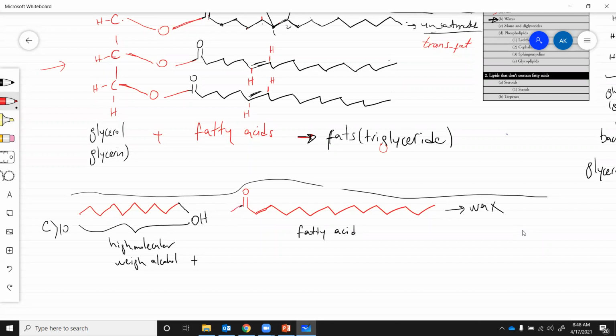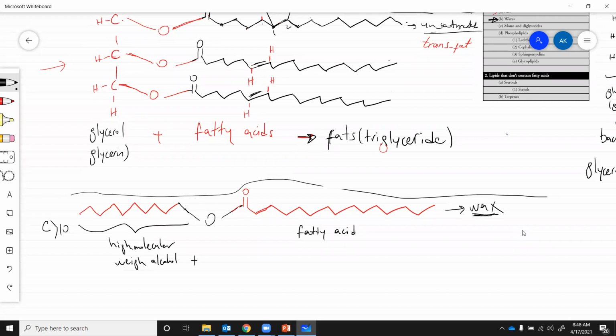You're just going to bring one fatty acid because you have only one alcohol here. What do you think you're going to get? If you mix alcohol with carboxylic acid, what functional group do you get? Esters, right? I don't know who said that, but you're going to get an ester, as you can see. And once you mix them, you get what we call a wax.